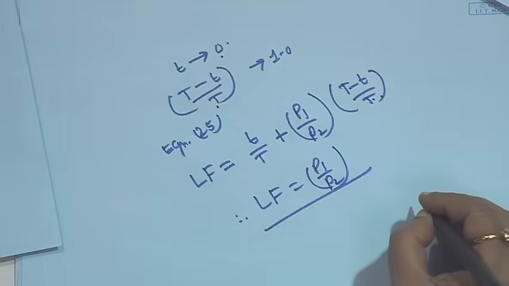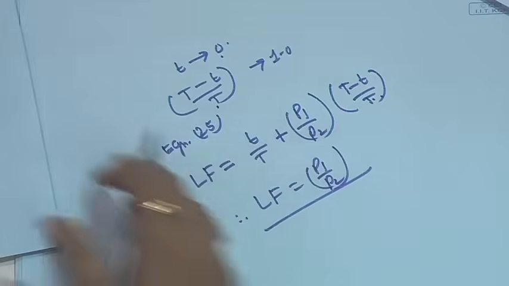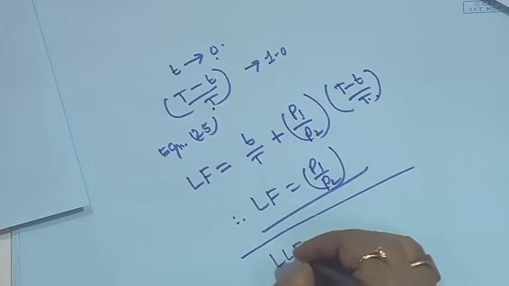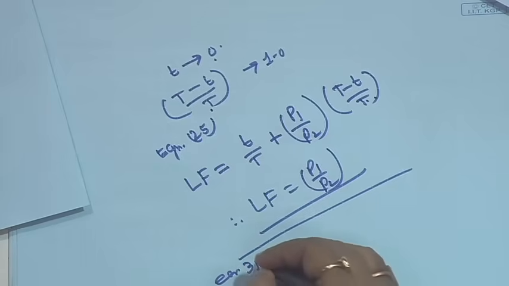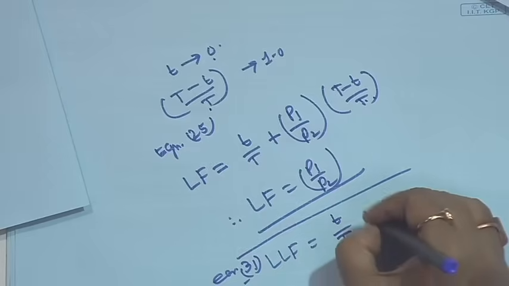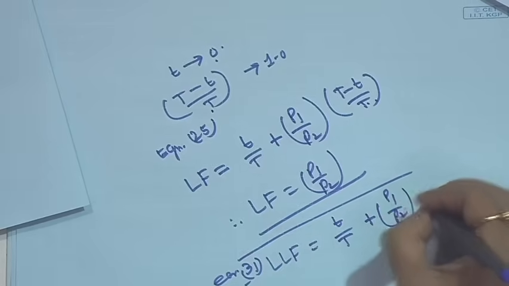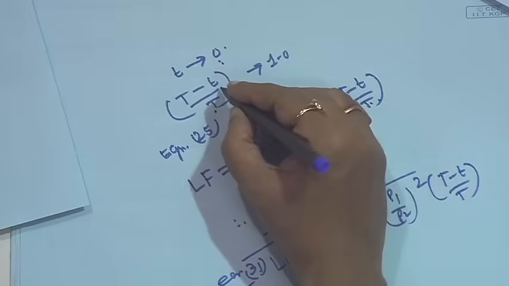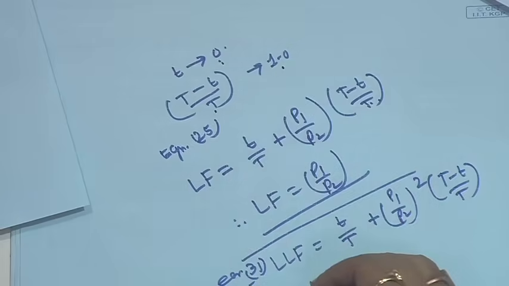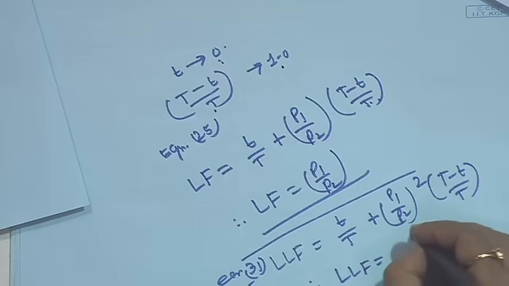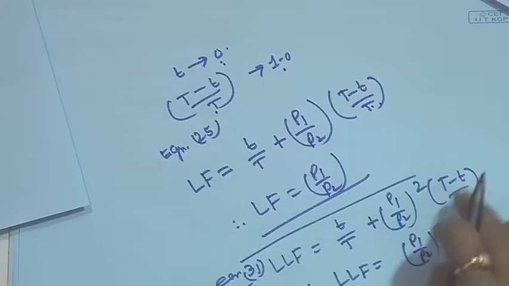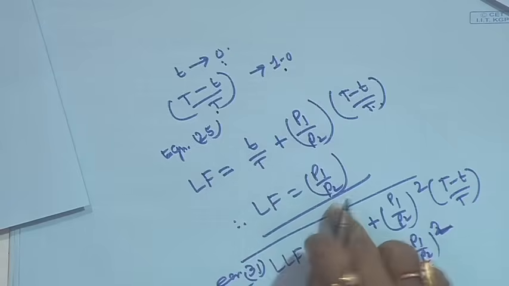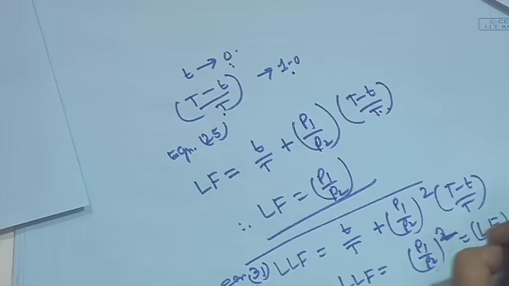Similarly, if you look at equation 31, that loss factor expression, I am writing here, LLF, it is t by T plus P1 by P2, whole square, then (T minus t) by capital T. As t tends to 0 and this (T minus t) upon capital T tends to 1, that means LLF is equal to P1 by P2 whole square, and your LF is equal to P1 upon P2, that means this one is equal to load factor square.